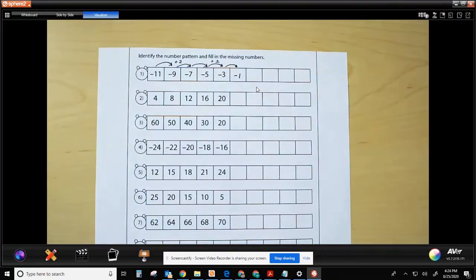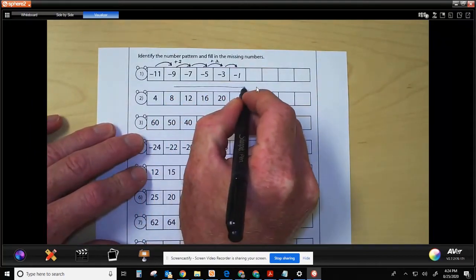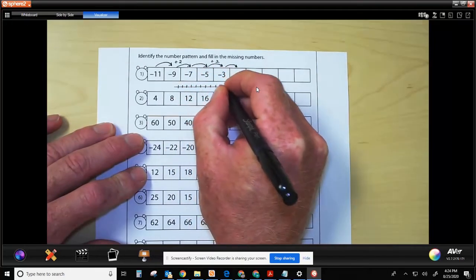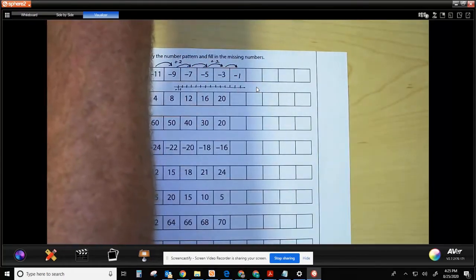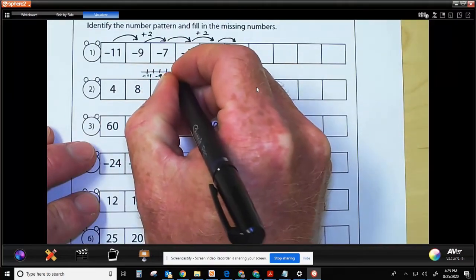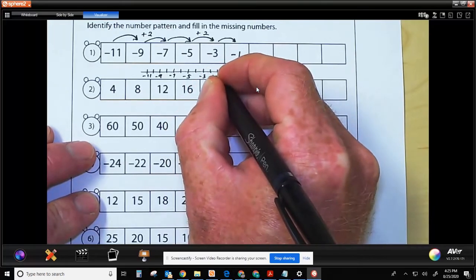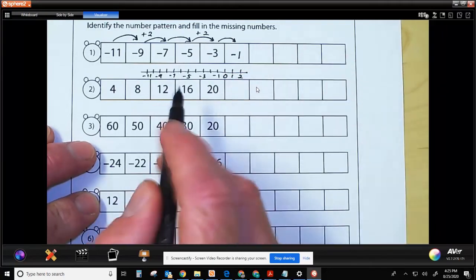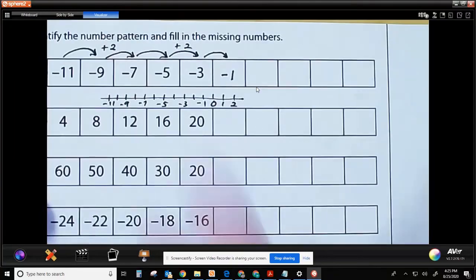Here's a couple of ways to think about this. Another one would be to draw your number line. This would be negative 11. Negative 9, negative 7, negative 5, negative 3, negative 1, 0, 1, 2. So this is a number line that goes along with this problem.